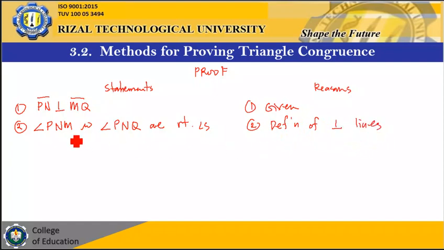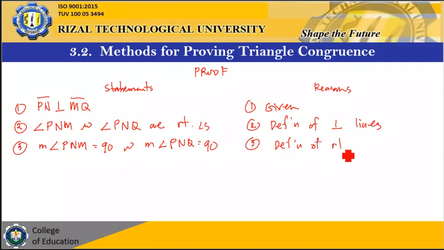For our next statement, we already know that angle PNM and angle PNQ are right angles, so definitely we can say that the measure of angle PNM is equal to 90 and the measure of angle PNQ is also equal to 90. And that is the definition of right angles.